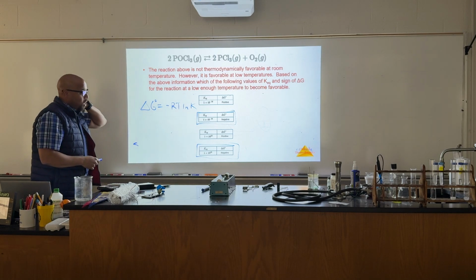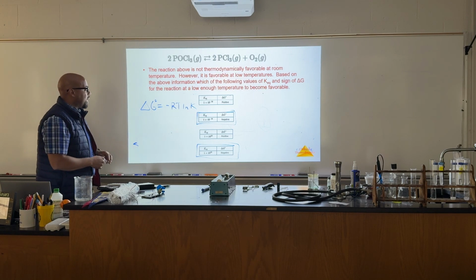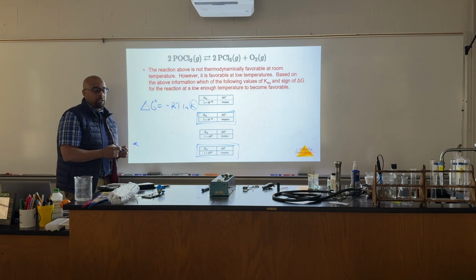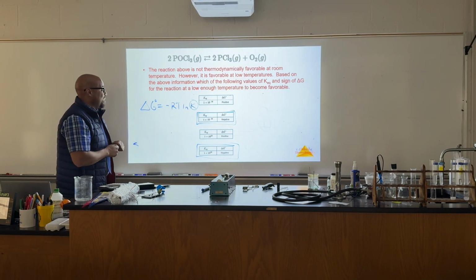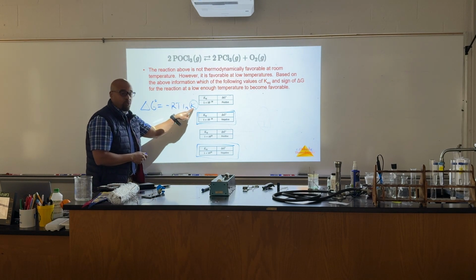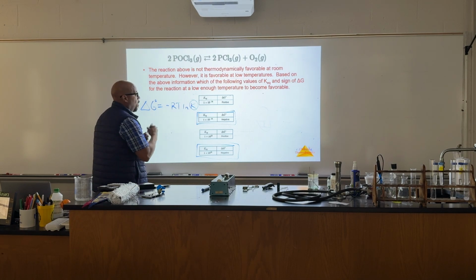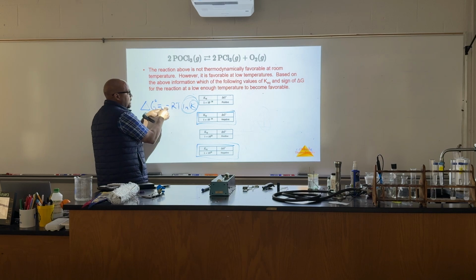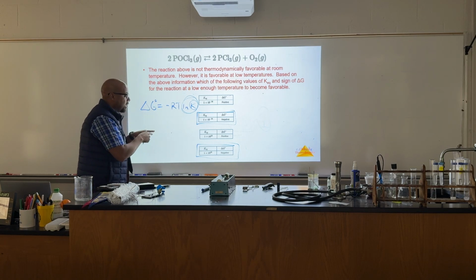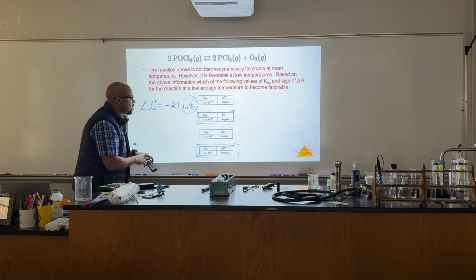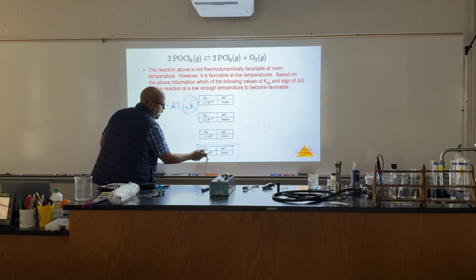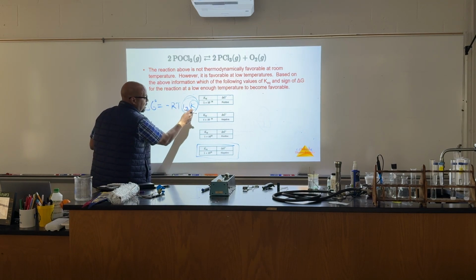And the next question is, if I wanted to go in the forward direction, how do I want this K to sit? If you remember, if the K happens to be greater than 1, then ln of K is going to end up being positive, and it's going to hit the negative, so I get a negative delta G. So it looks as though the one I want to choose would be the bottom one right here, because that's going to give me a K greater than 1.